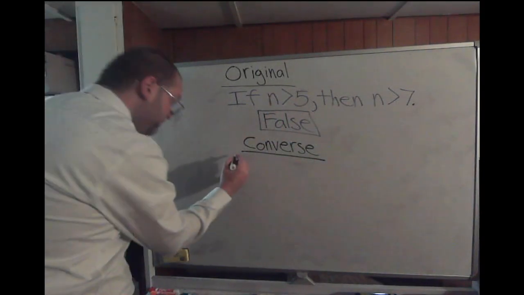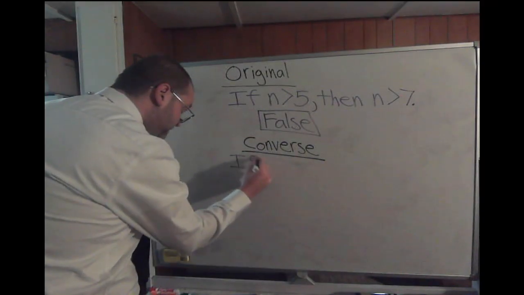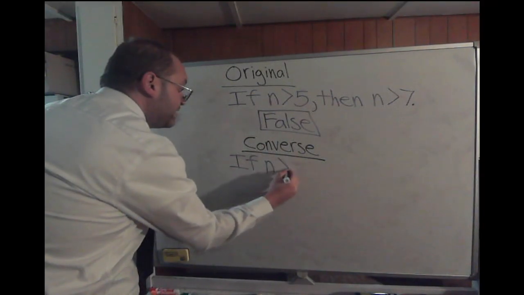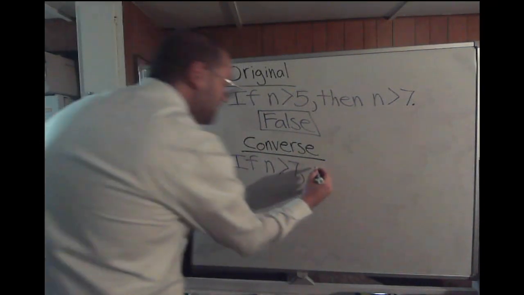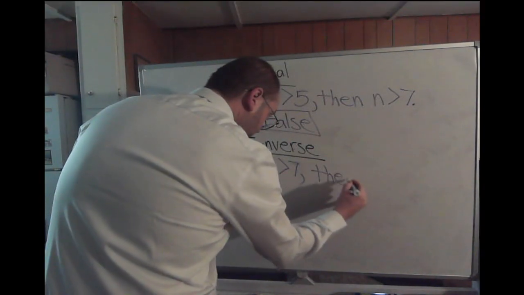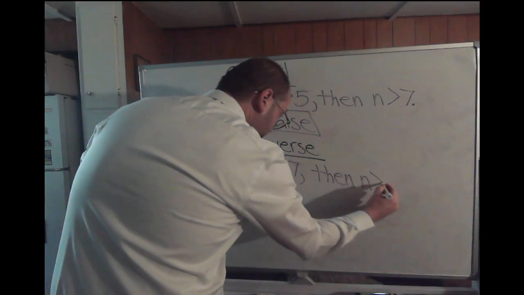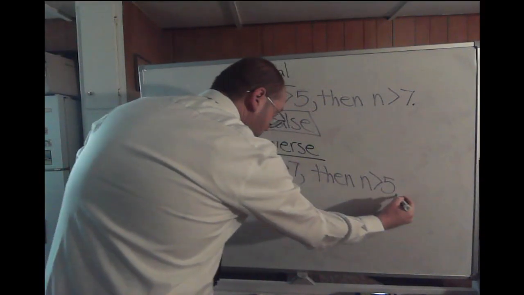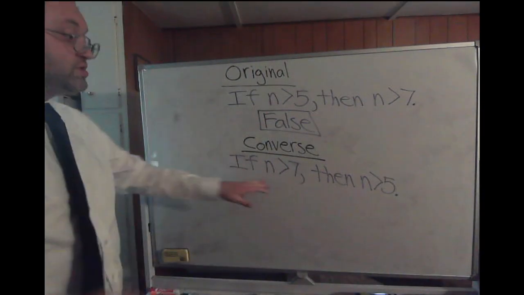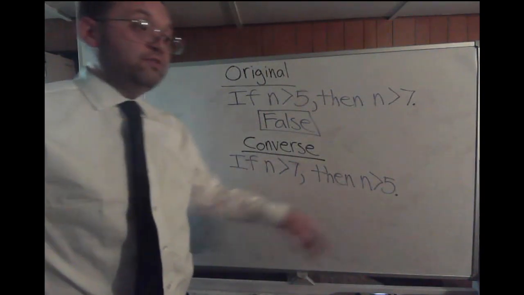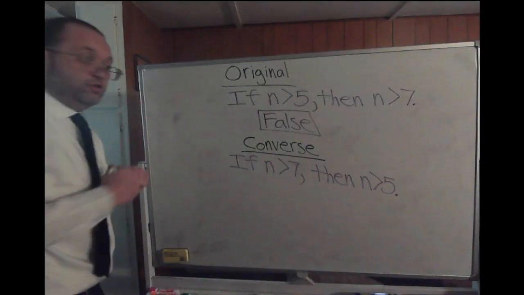Now, what about the converse? That's going to be if n is greater than 7, then n is greater than 5. Alright, so let's see here. If n is greater than 7, then n is greater than 5. Well, that's absolutely true.